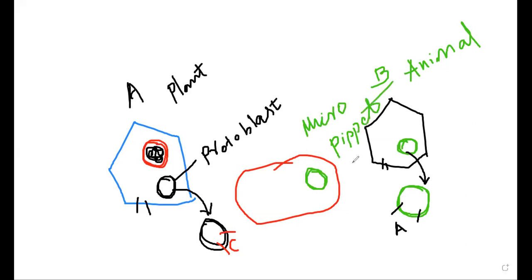Micropipette or gun. Electric gun is also used; maximum they use the electric gun. The micro injection is a small needle-like structure. This is the micro injection.